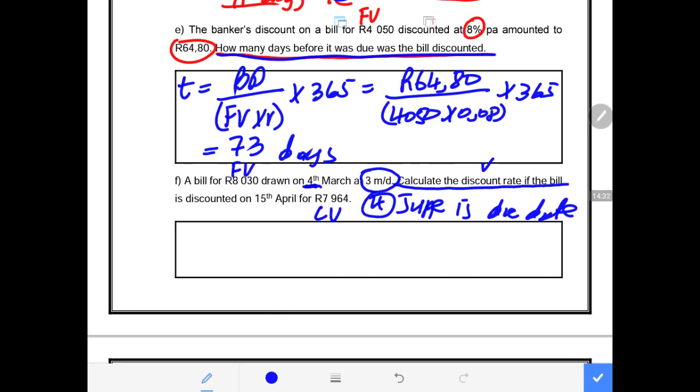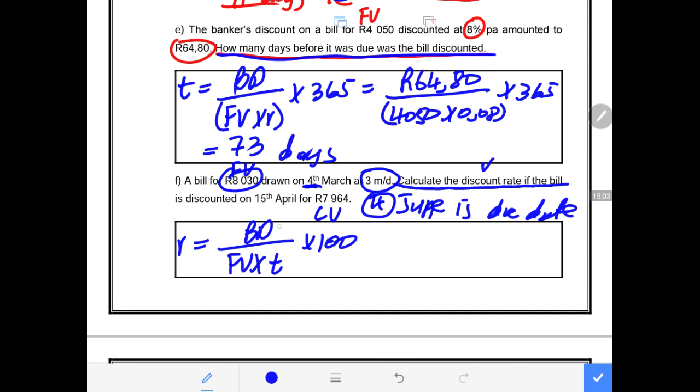We are looking for the rate, but we also need to know that the rate, which is our R, equals banker's discount divided by the face value times T. Remember, our T will be the number of days divided by the number of days in a year, which we assume to be 365 when it is not stipulated. Then we multiply by 100 because we are looking for the interest.